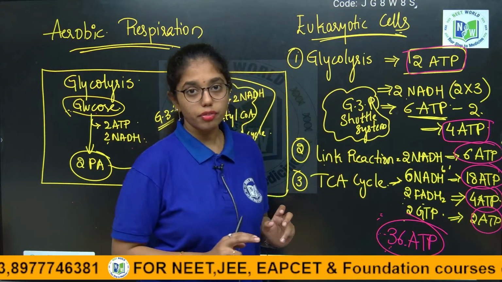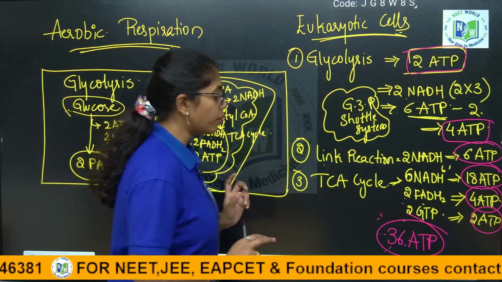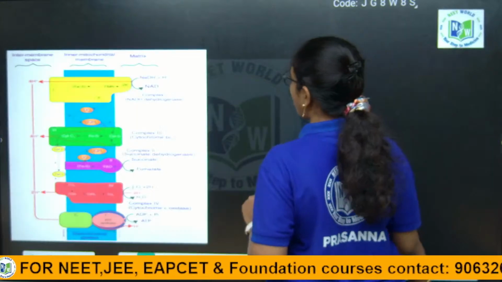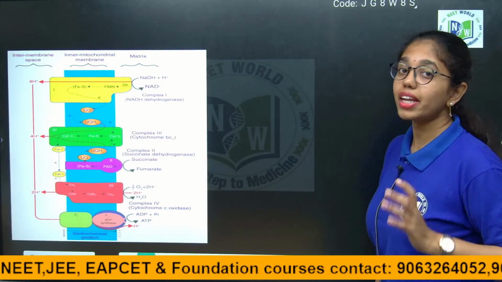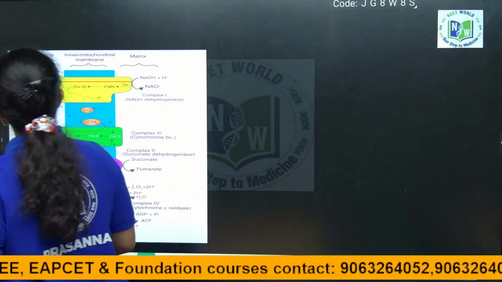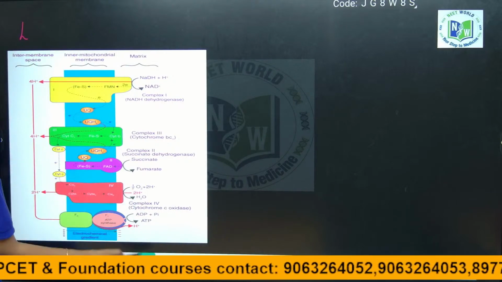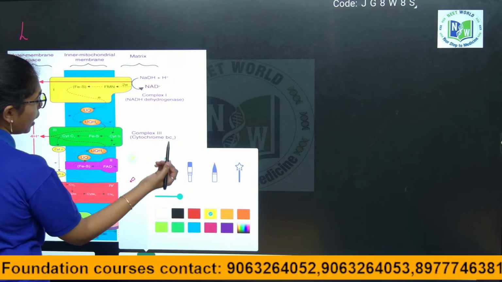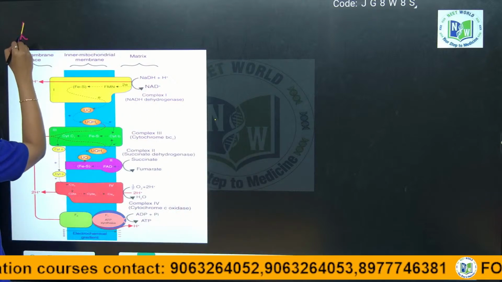ATP molecules are formed and oxygen is used at the final step of aerobic respiration. That final step of aerobic respiration is called the electron transport system. What is it called, beta? Electron transport system.